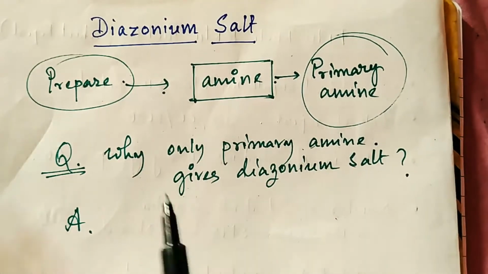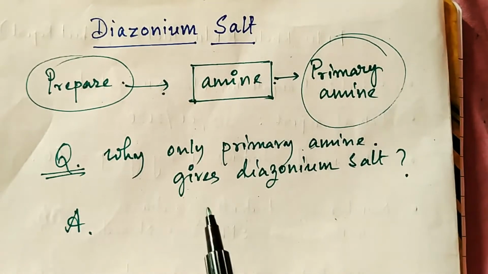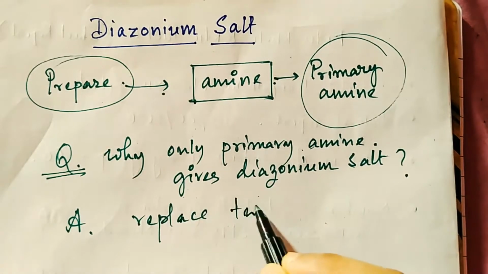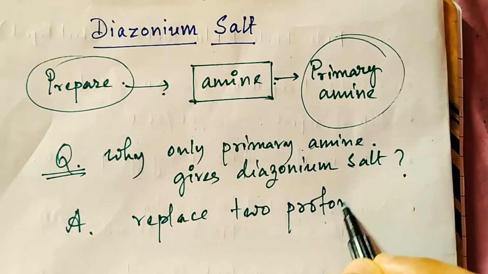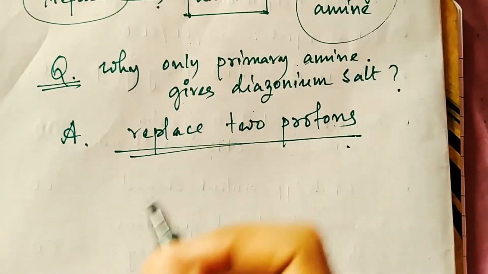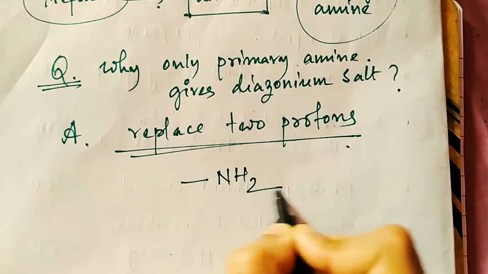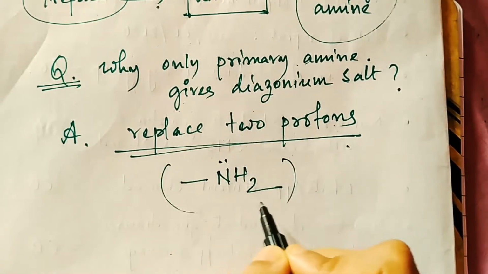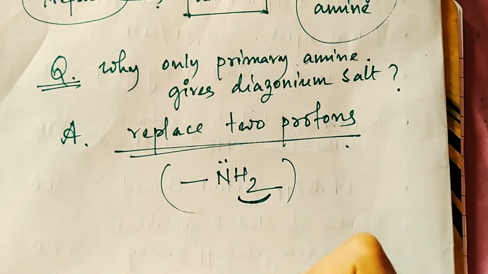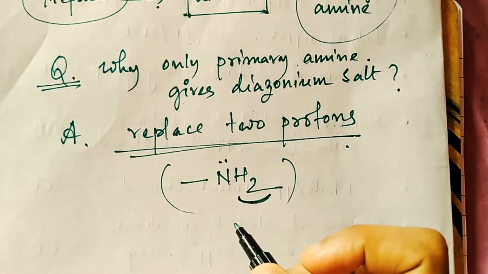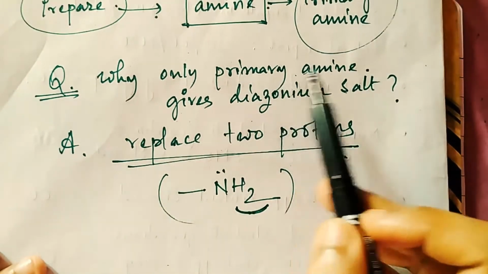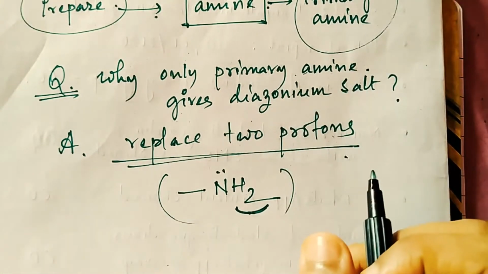Because in the process of preparation of diazonium salt, you need to replace two protons. Only in the primary amine do you have two protons to replace. In the secondary and tertiary amines you do not have two protons. So only primary amine can give diazonium salt.